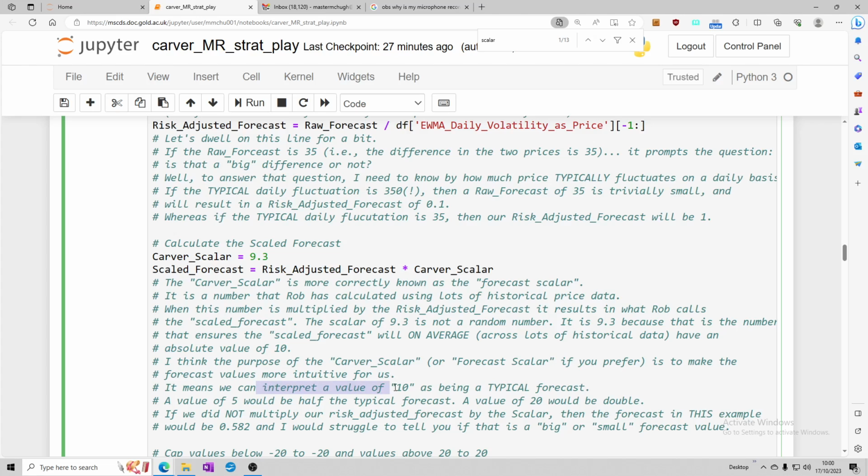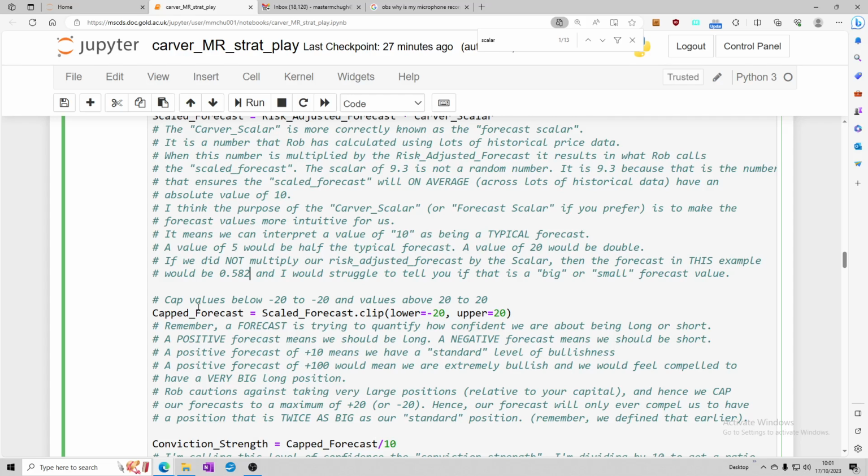It means we can interpret a scaled forecast of 10 as being a typical forecast. So a value of 5 would be half the typical forecast, a value of 20 would be double. If we did not multiply our risk-adjusted forecast by the scalar, then this forecast, in our current example, would be 0.582, and I would struggle to tell you if that is a big or small forecast value.